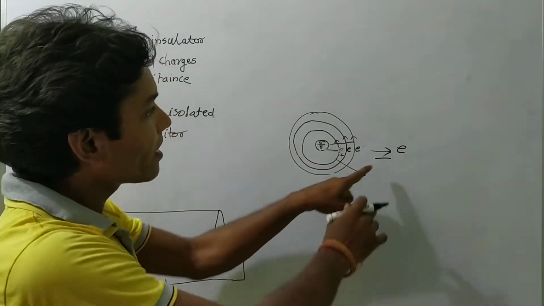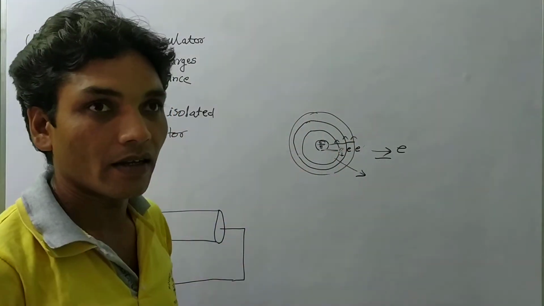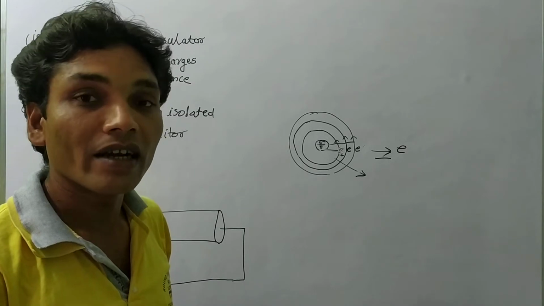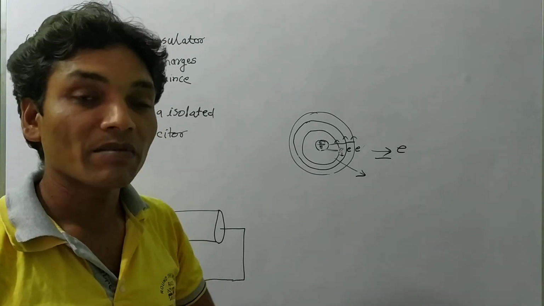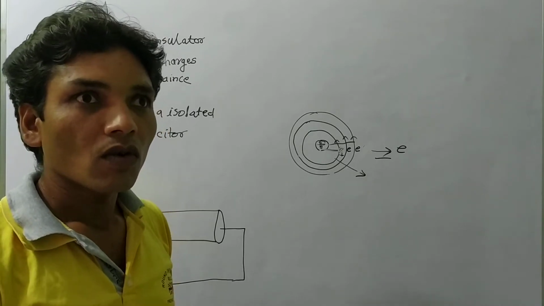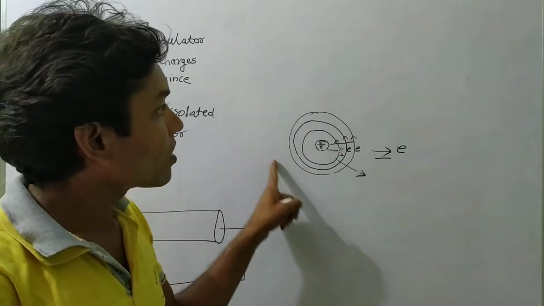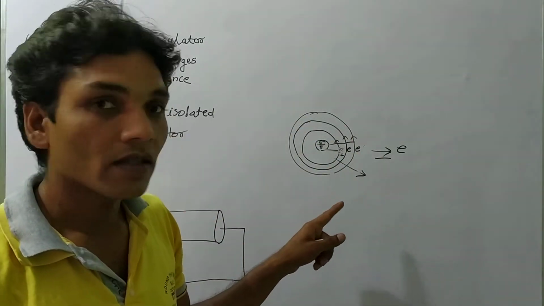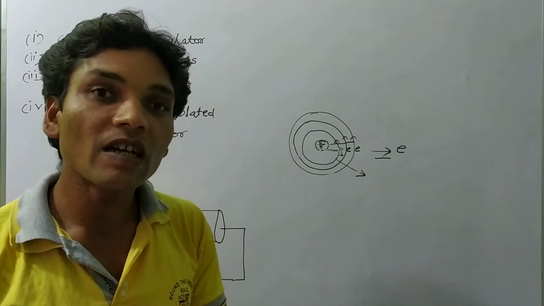And this electron can move freely inside the conductor. In the conductor, a huge number of atoms are there, and in each atom, electrons in the outermost orbit are attached by a weak force.